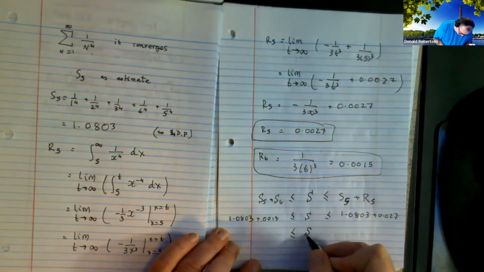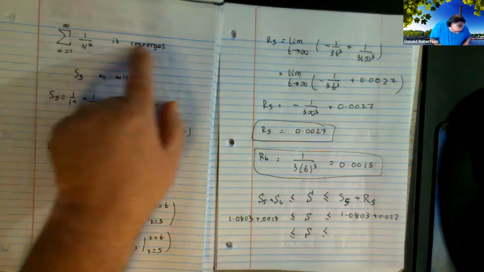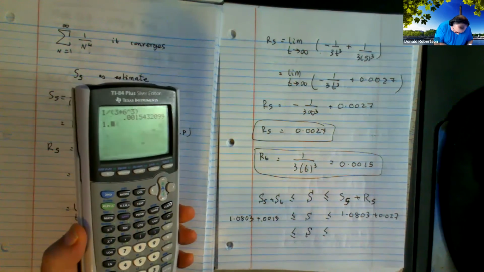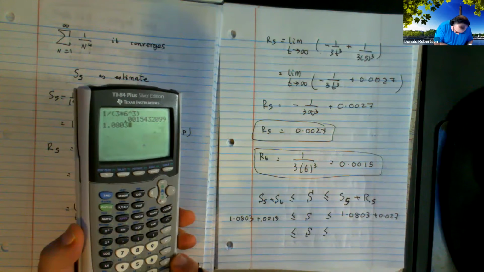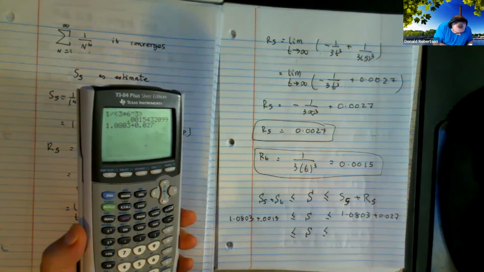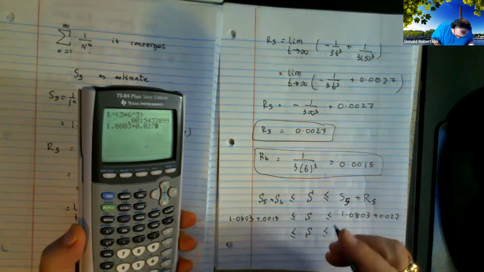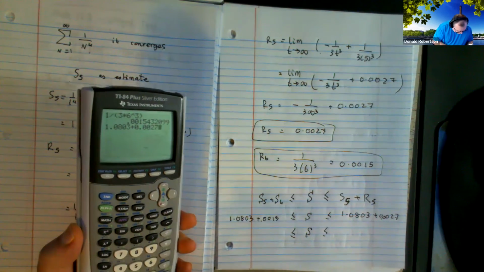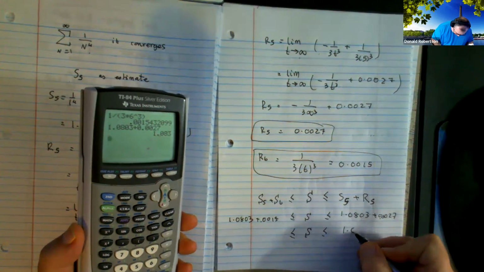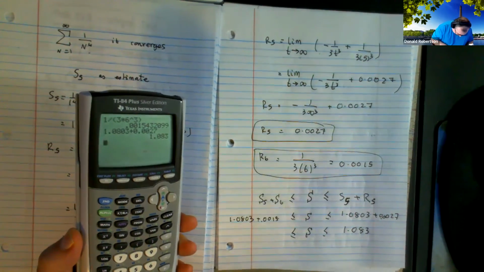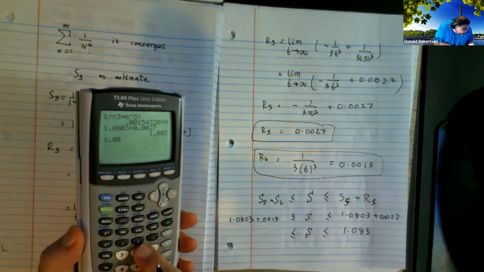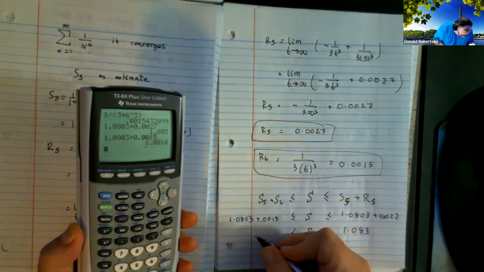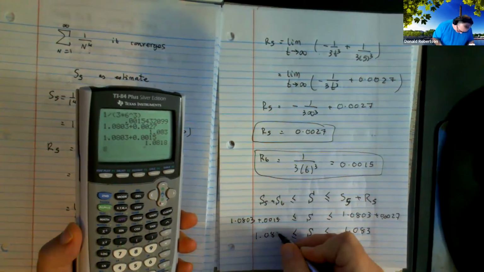And so the exact answer, what this adds up to completely, is going to be, let's find out, 1.0803 plus 0.0027, 2 zeros there, so 0.0027, which means 1.083. Interesting. And on the other side, 1.0803 plus 0.0015. And on this side, 1.0818.